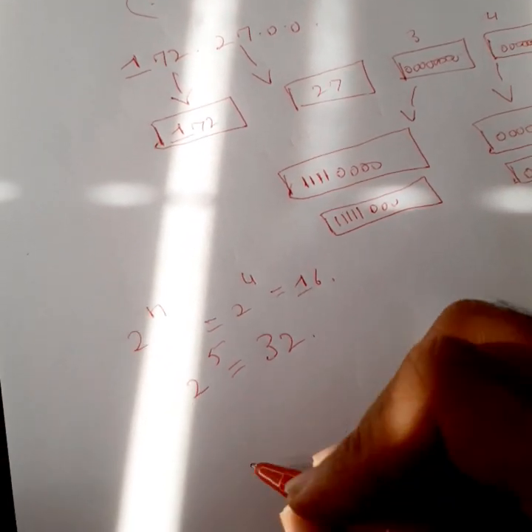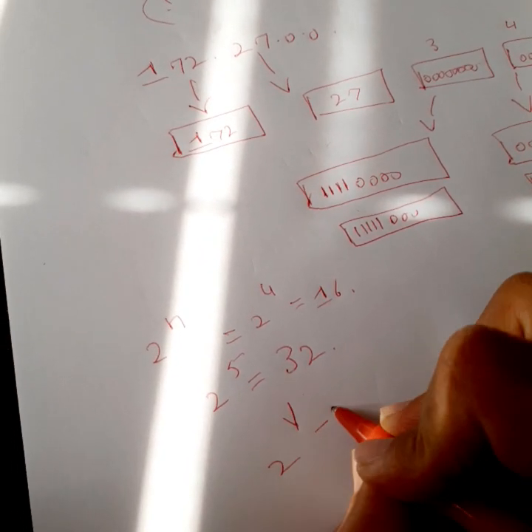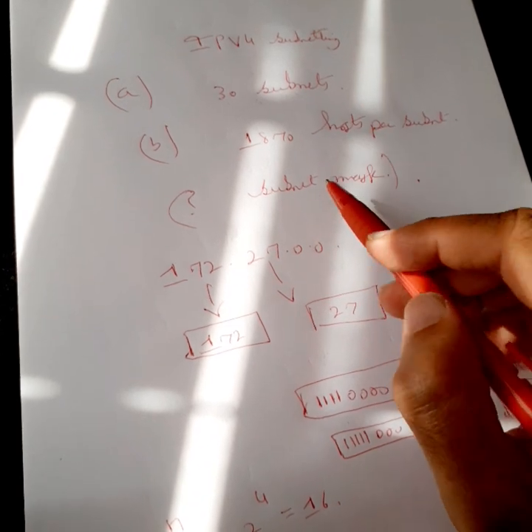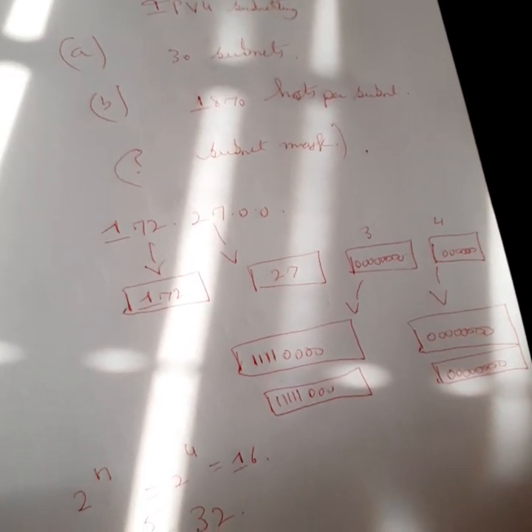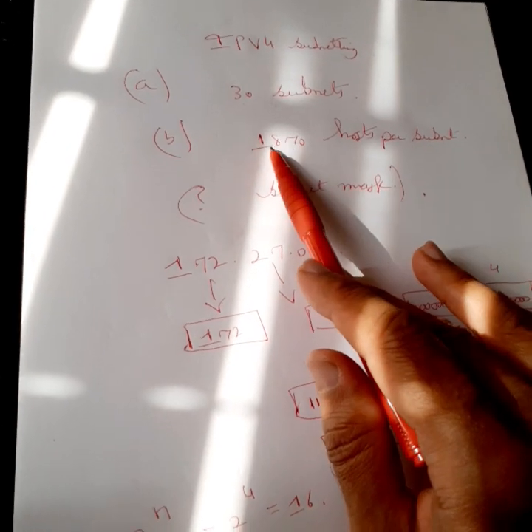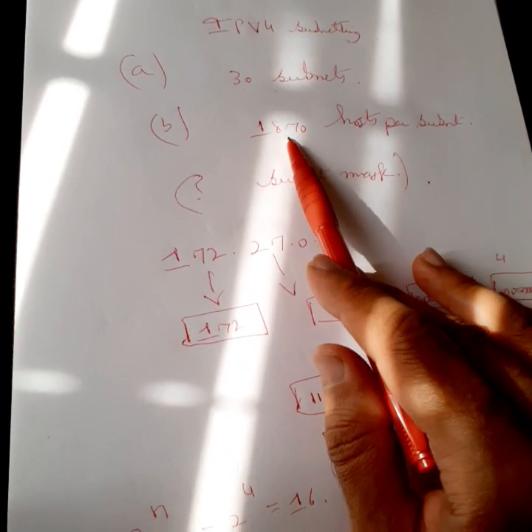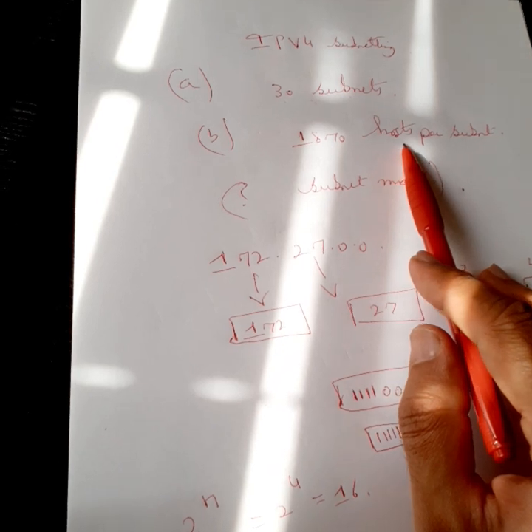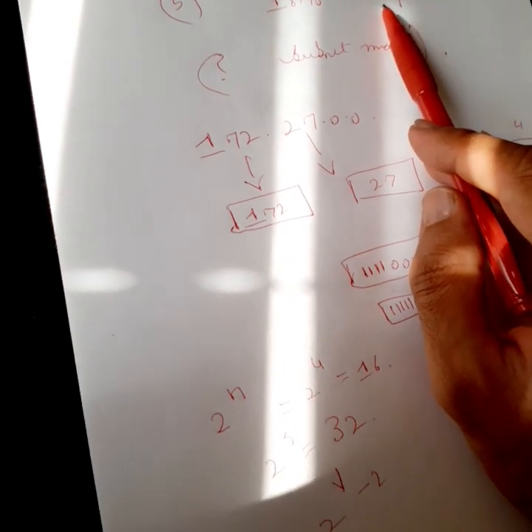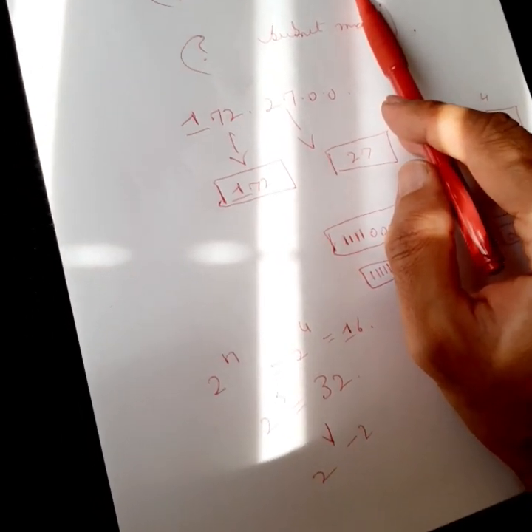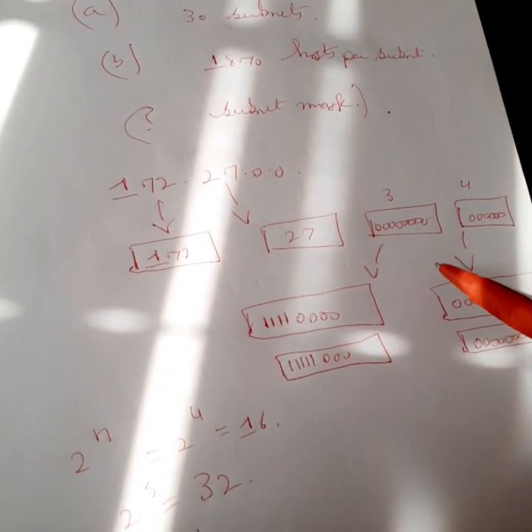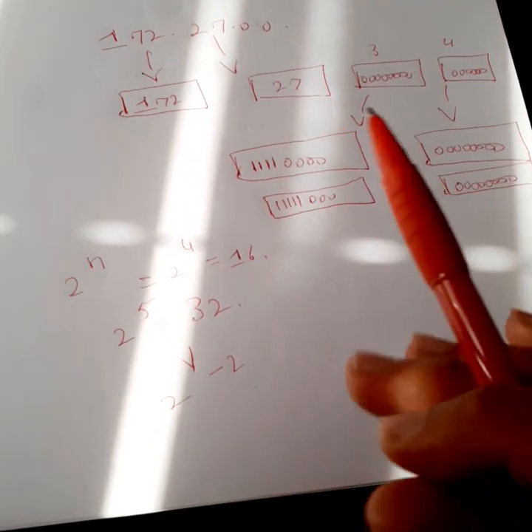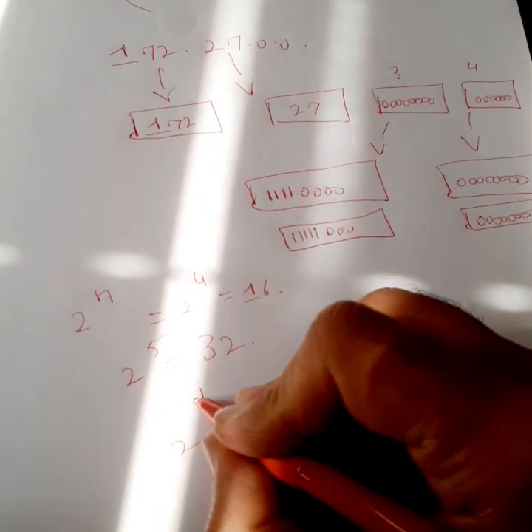Now, 2 to the power y minus 2 is the formula to find the hosts per subnet. We need 1870 hosts per subnet. So we add all the zeros. It should come to exactly that or more.